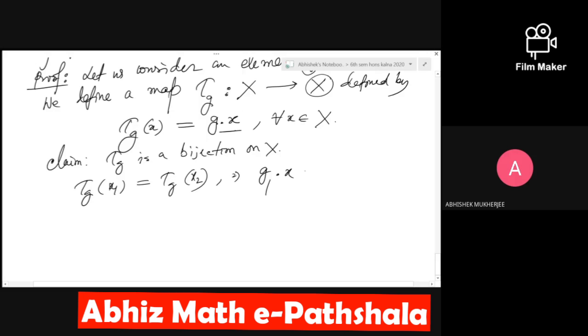So then it is g dot x1 equal to g dot x2.